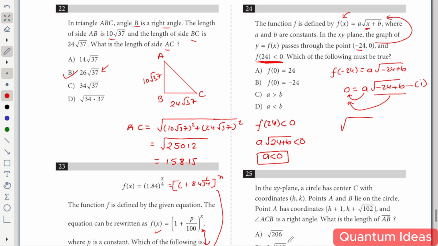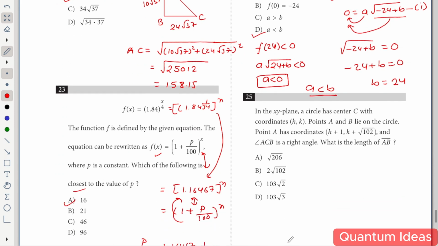So root under minus 24 plus b must be 0, right? So squaring on both sides, you get minus 24 plus b is 0. Finally b will be 24. So b is positive, which means a is less than b. a is less than 0 and b is 24, that's positive, so a will be less than b.